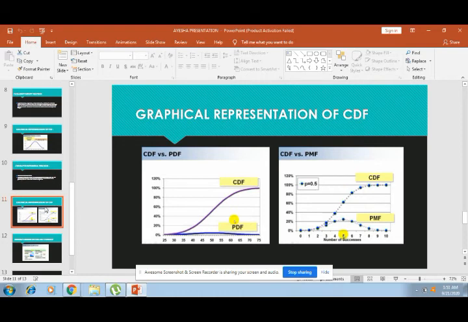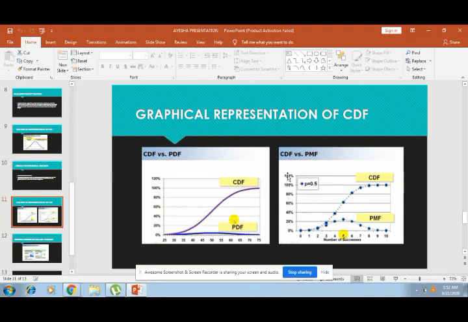There we can see a blue line at the bottom, which shows the normal distribution, that shows the PDF probability, and this purple line, as you can see here, characterizes the area under the curve to the left, therefore the probability that the random variable is less than or equal to the same number.